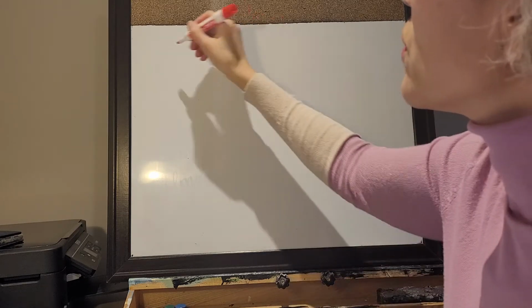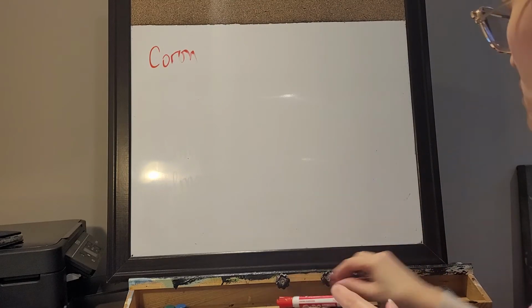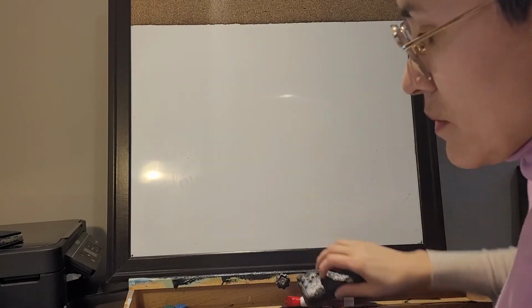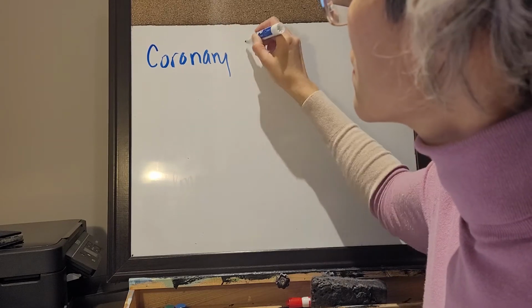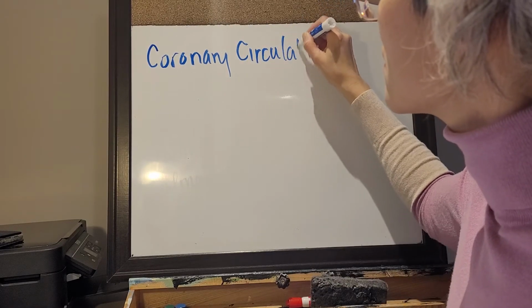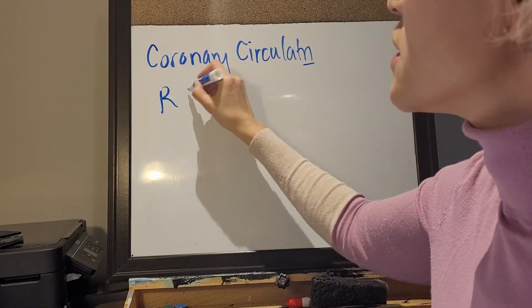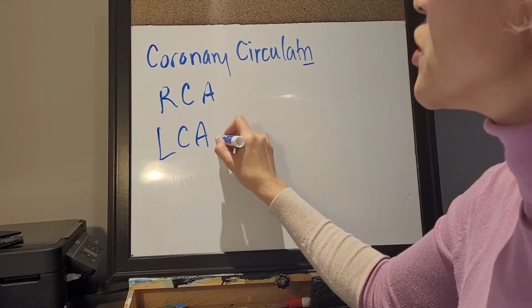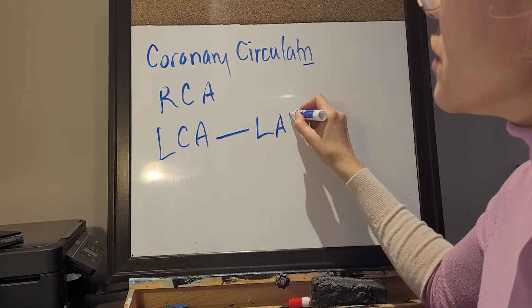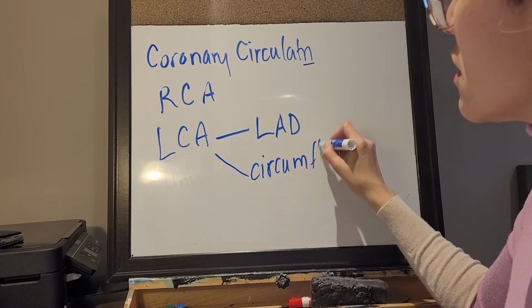Okay, make sure that you know the coronary circulation. I'm going to write it in a darker color. The main branches are the right coronary artery and the left coronary artery, which gives rise to the left anterior descending artery and the circumflex artery.